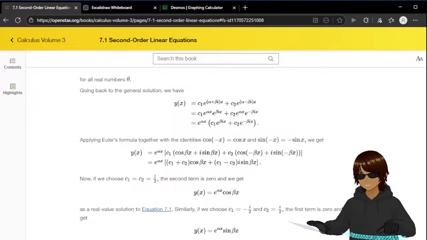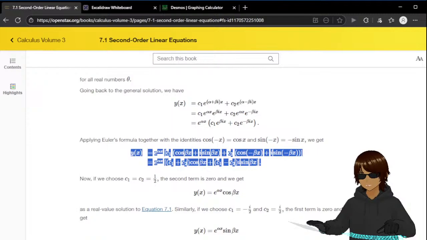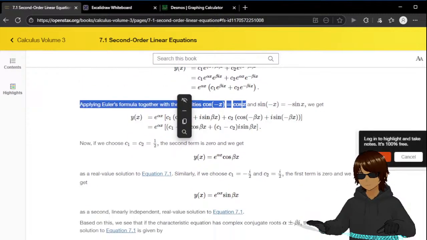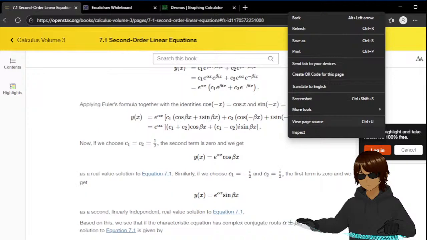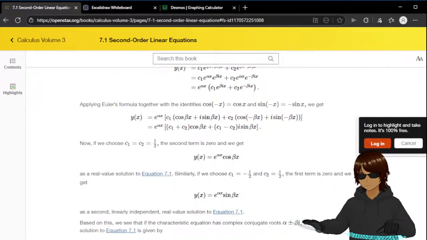So C1 times cos plus C1 times i sine, and then plus C2 cos and then minus C2 i sine. And then we end up with this.